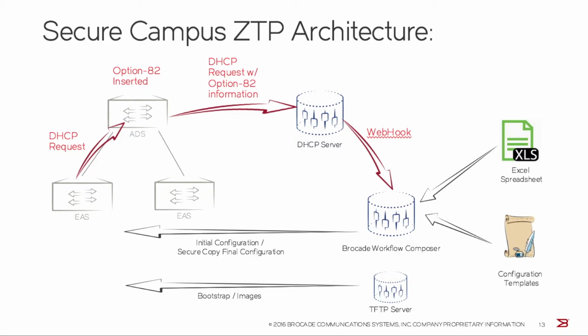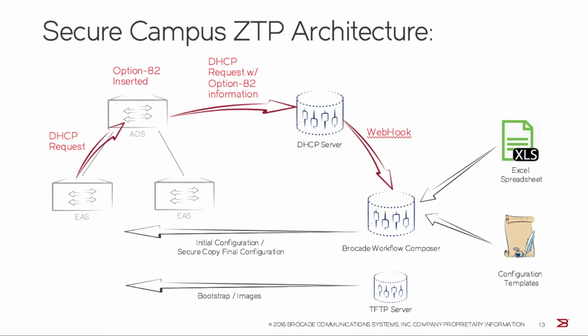The DHCP server will get this DHCP request, return an IP address to the edge access switch, and then send a Brocade Workflow Composer webhook that contains all the information about what it just gave out and what it knows about the edge access switch that just got attached.